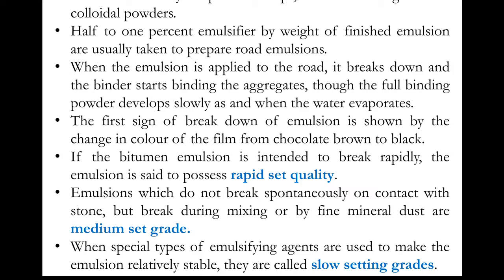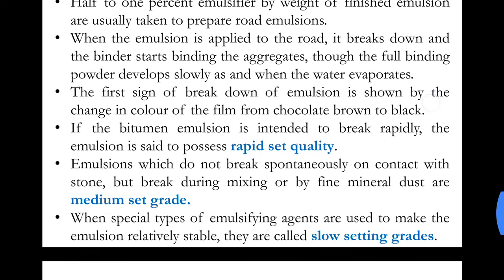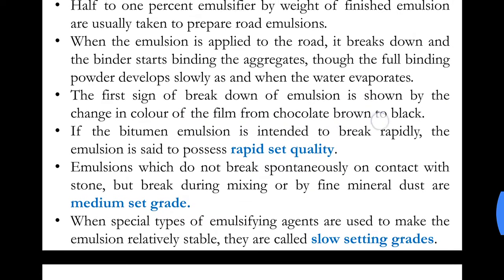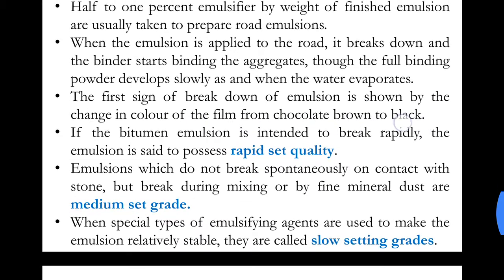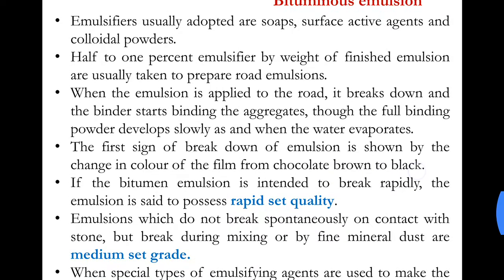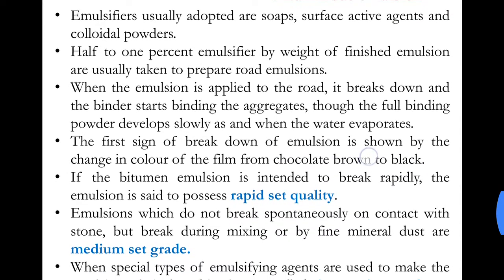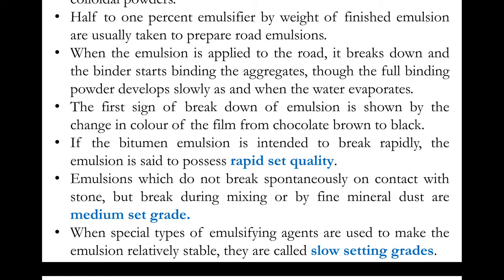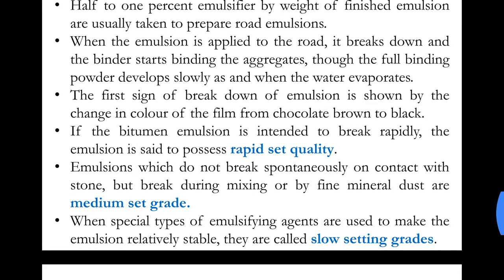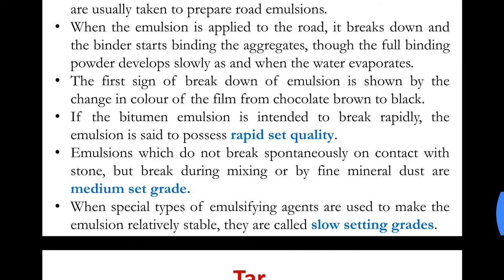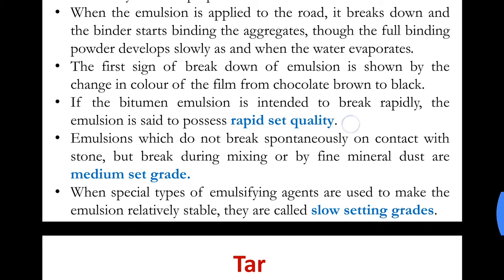The first sign of breakdown of emulsion is shown by the change in color of the film from chocolate brown to black. So initially the emulsion is of a chocolate brown color, and as the emulsion breaks down, it turns to black bituminous color. If the bituminous emulsion is intended to break rapidly, the emulsion is said to possess rapid set quality.